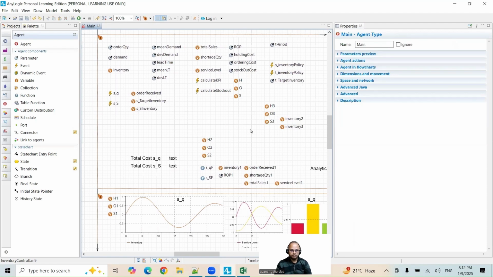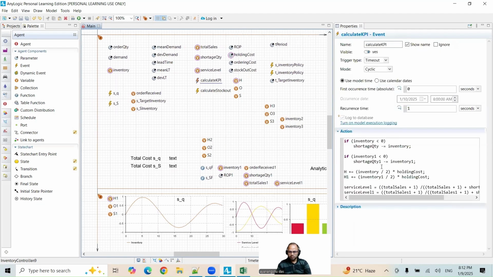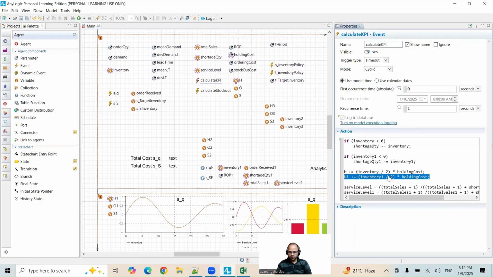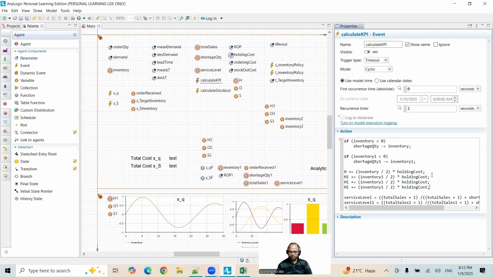The way we have declared the holding cost, we'll declare two more holding costs, H2 and H3. We'll have inventory 2 and inventory 3, and then it will be done.